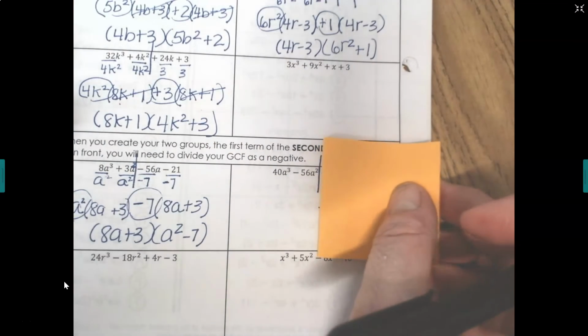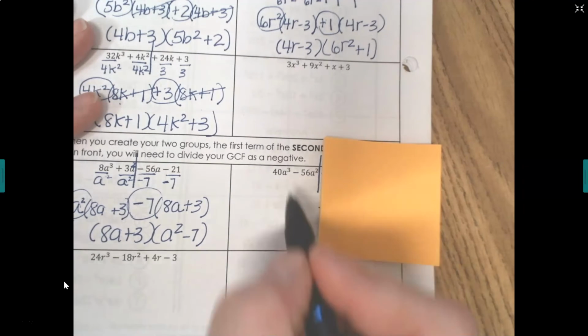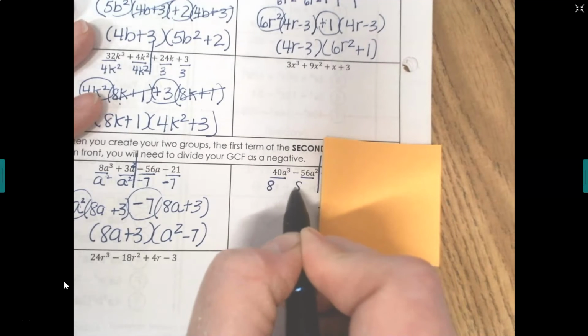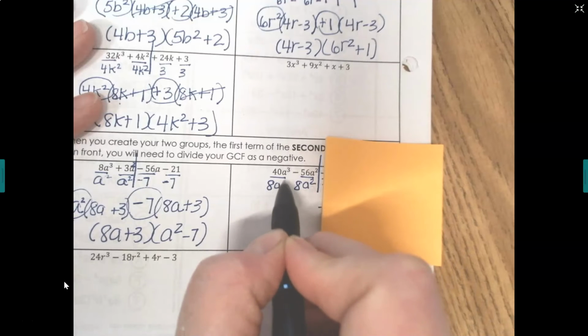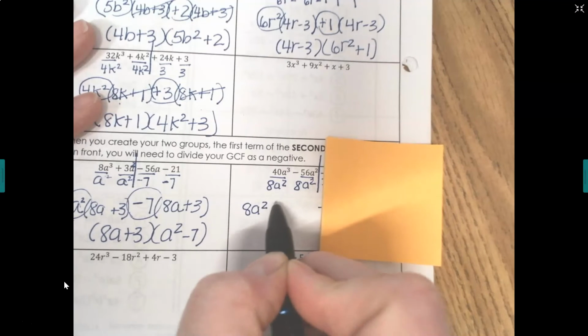Now I'm going to come back over here to the left. 56 and 40 have an 8 in common. A squared is the smallest variable they share in common, so their GCF is 8a squared.